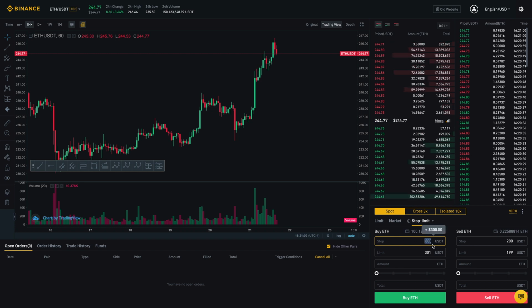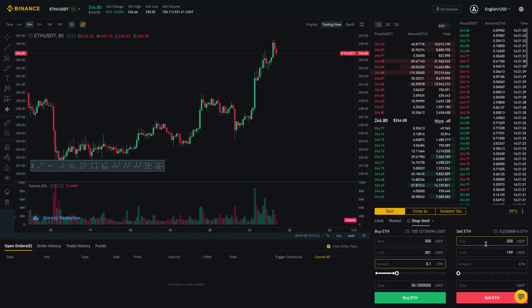If the price of Ethereum goes beyond $300, I'm willing to buy Ethereum up until $301. Let's say I want to buy one. Well, I can't do that, but 0.1. So I want to buy 0.1 Ethereum if the price goes above $300, up until $301, and it will cost me this much.